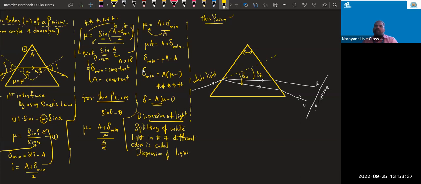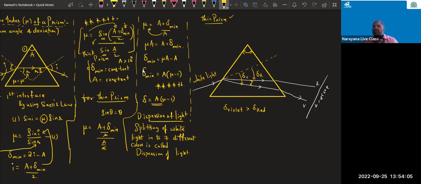It is very clear that the angle of deviation of violet color is greater than the angle of deviation of not only red, every color has lesser deviation than violet. So the angle between these two colors, the most deviated color and the least deviated color, is called angular dispersion. Are you getting my point?